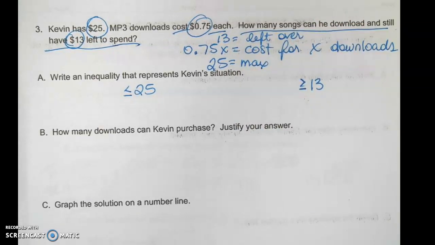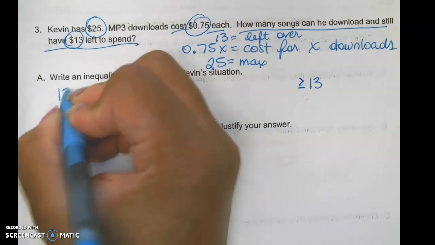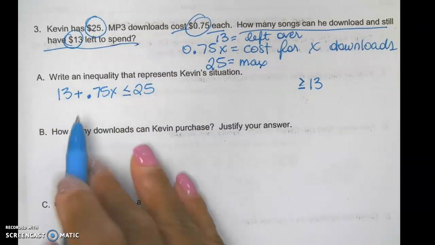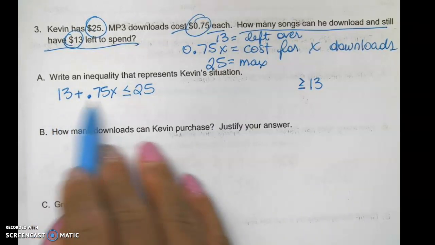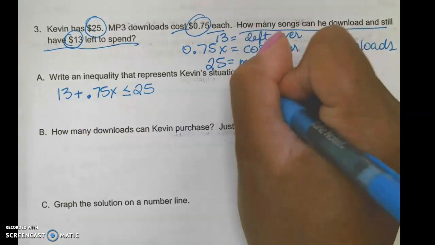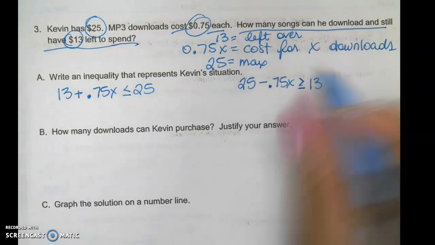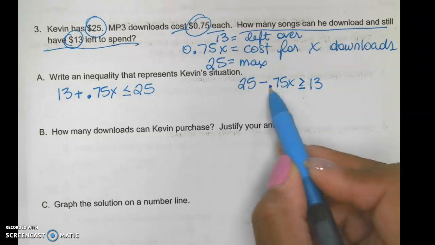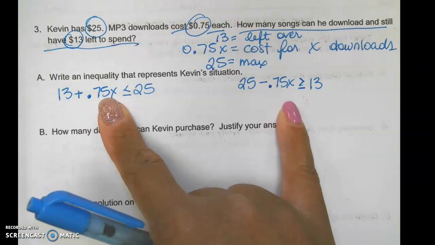So first, over here, I can have 13 plus 0.75x. So this is how much I want to save, and then I'm adding up the total of how many downloads I can get. Or over here, this is 25 minus 0.75x. So this is where I start at $25, and I'm taking away a certain amount of money per download. Either way, you're going to get the same answer.